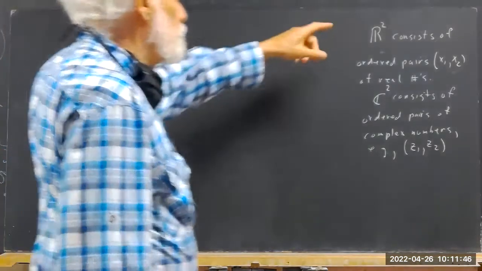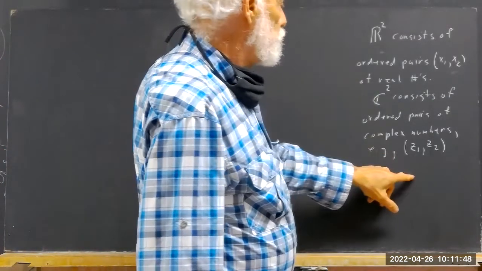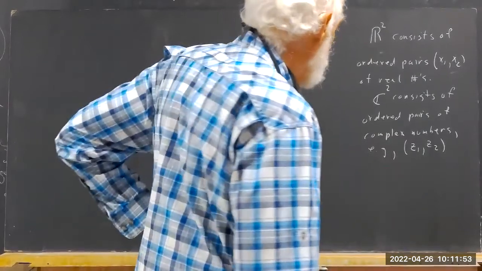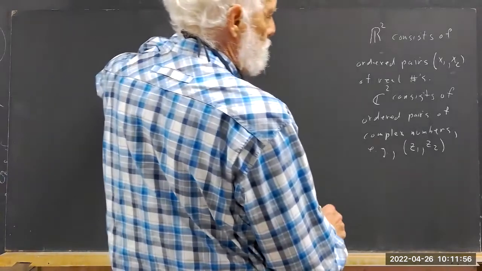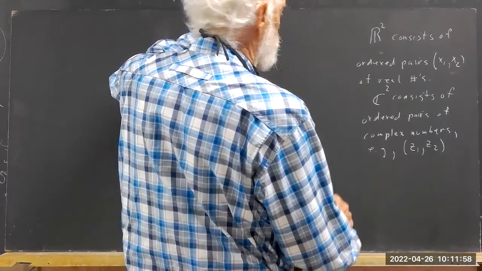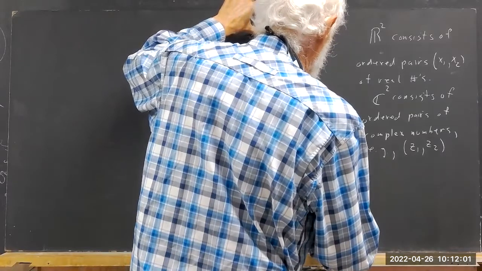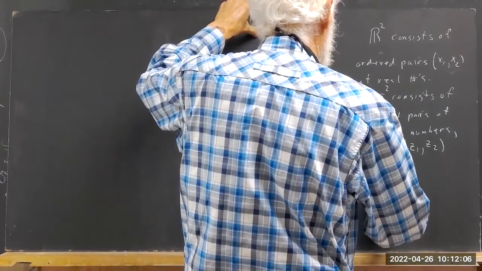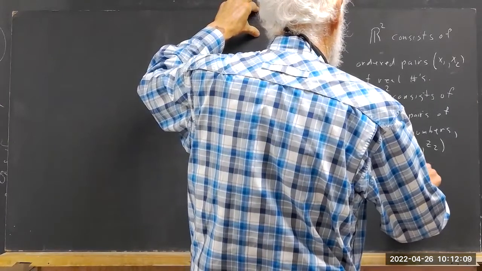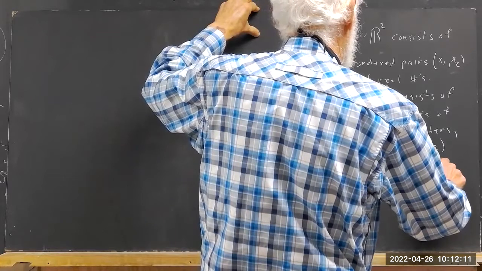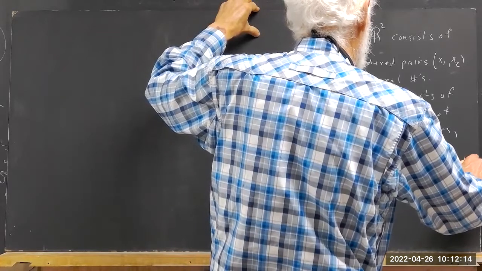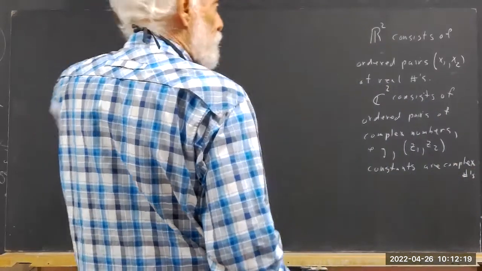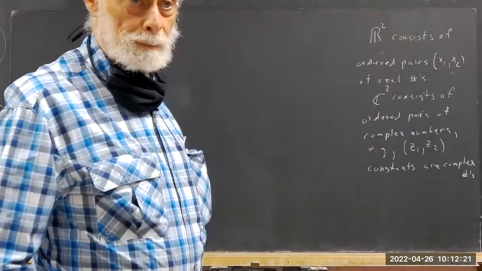Okay, so R2 consists of ordered pairs of real numbers. C2 consists of ordered pairs of complex numbers. In C2, constants are complex numbers. In R2, of course, your constants are real numbers.